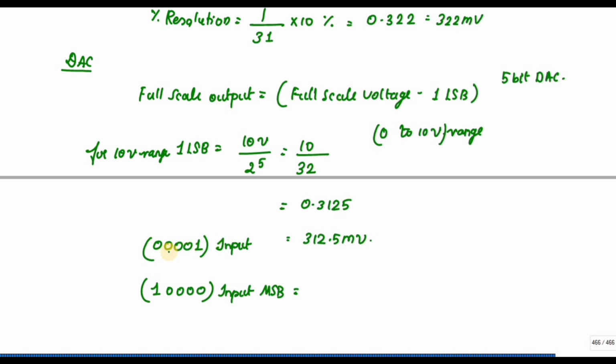For the 00010 input, you have to multiply this one by 2. For this one you have to multiply by 4, for this one by 8, and for this one by 16. So you will get 16 into 312.5 millivolt.